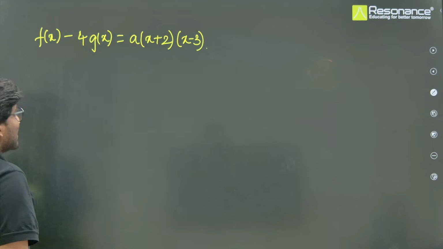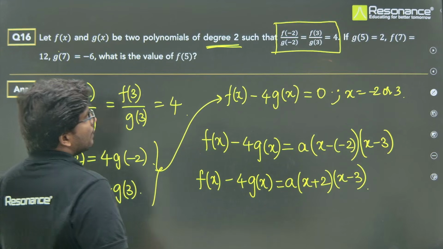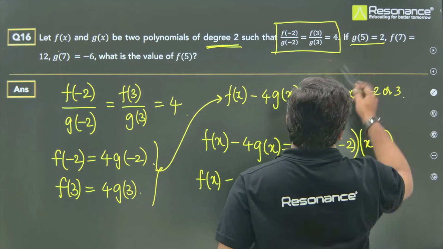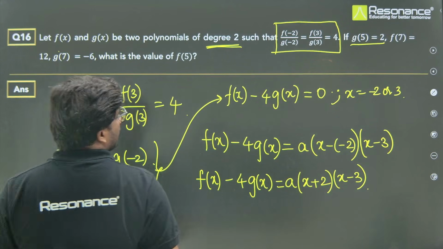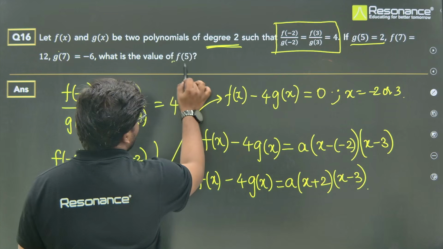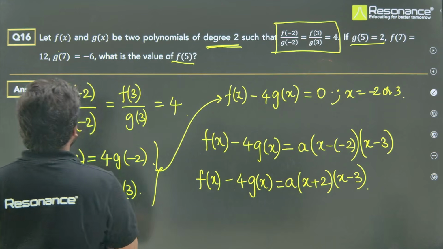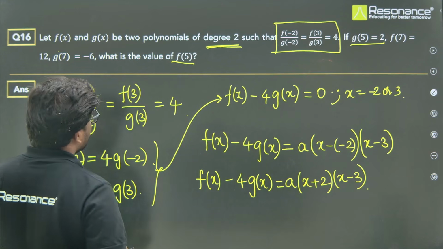Now, it's as simple as, g of 5 is 2. We need to find f of 5. f of 7 is 12 and g of 7 is minus 6.